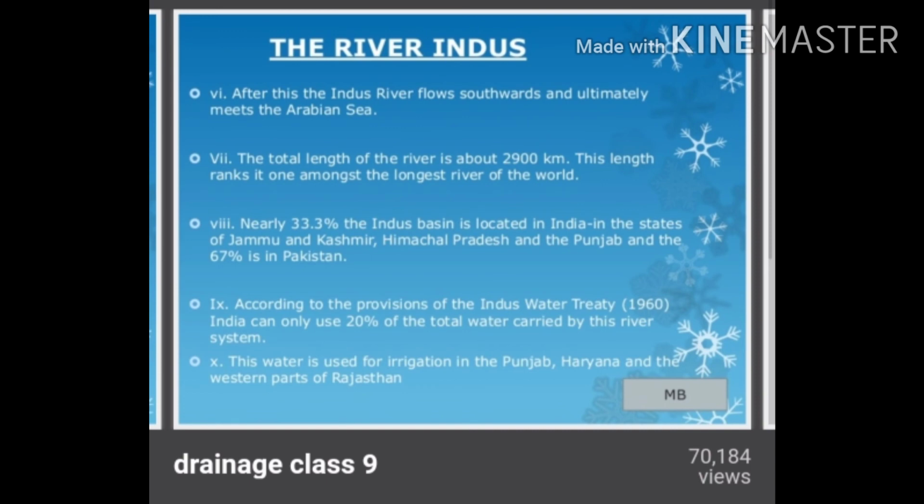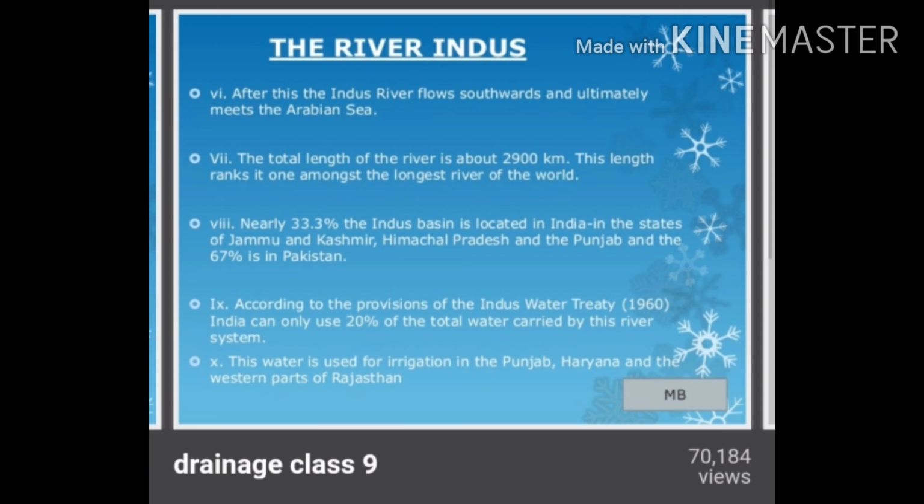From these five rivers, the name of Punjab has originated. After this, the river Indus flows southwards and ultimately meets the Arabian Sea. So the Indus River meets the Arabian Sea, in the western part of India.